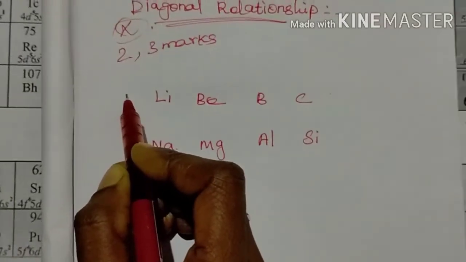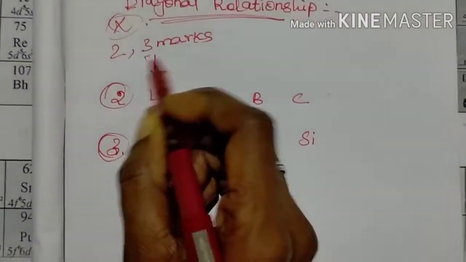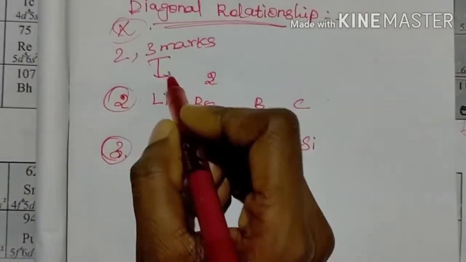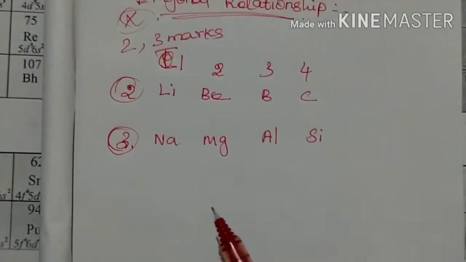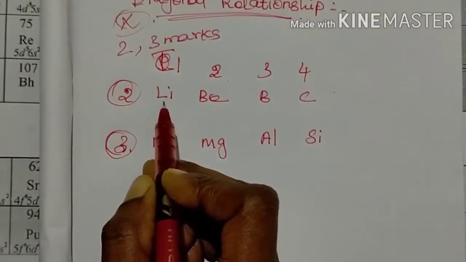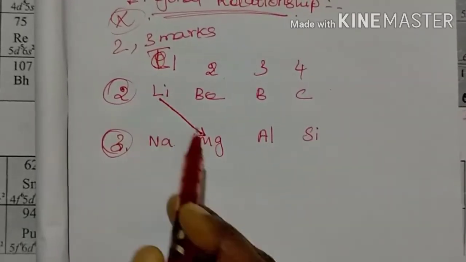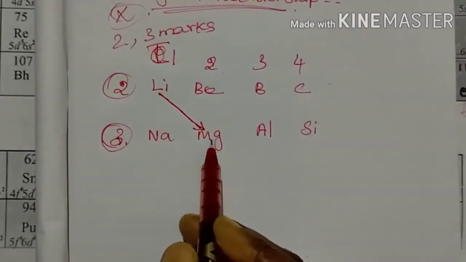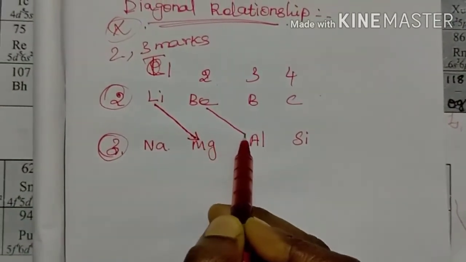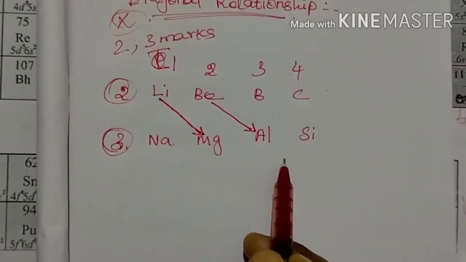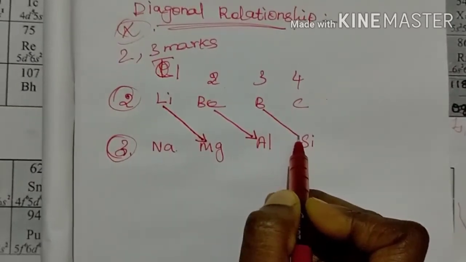Look at these elements. This is the second period and this is the third period. First group, second group, first group, second group, third and fourth. Lithium's characteristics are similar to magnesium, so they are diagonally placed in the modern periodic table. The character of beryllium is similar to aluminium, which is in the third period.